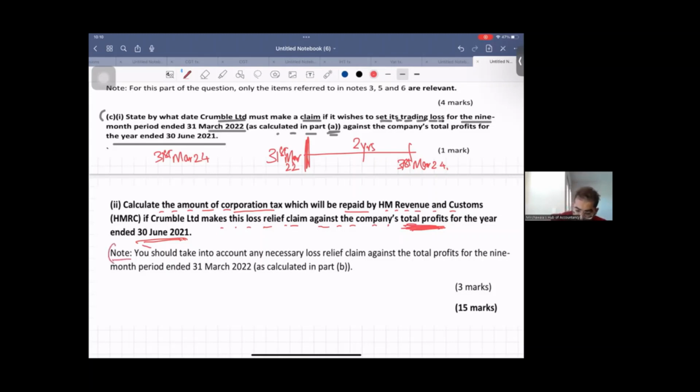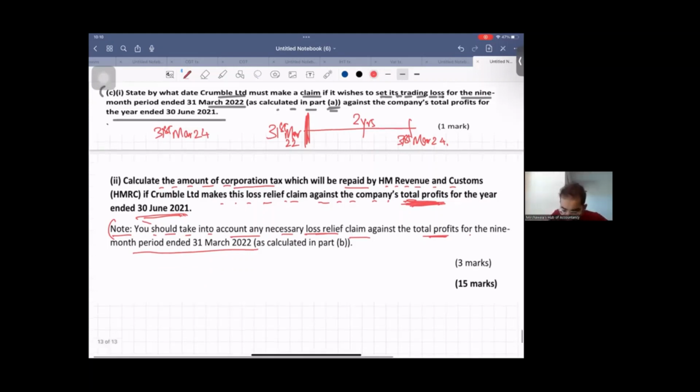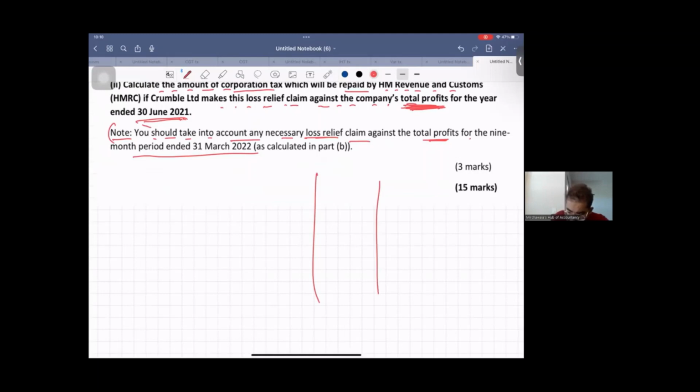Now read the note. You should take into account any necessary loss relief claim against the total profit for the 9 months period. If you want, let me tell you, wait. This is your 31st March 2022, 9 months. And this is your 12 months of year ended 30th June 21.